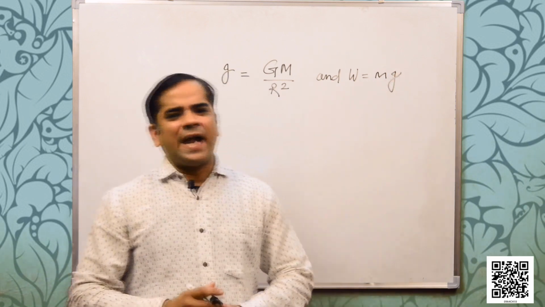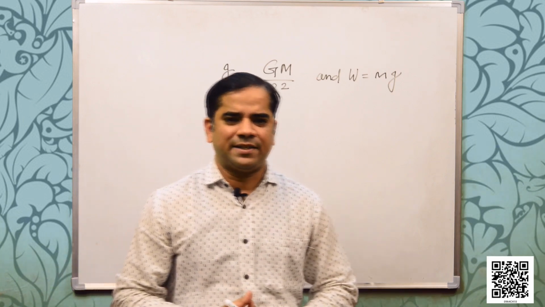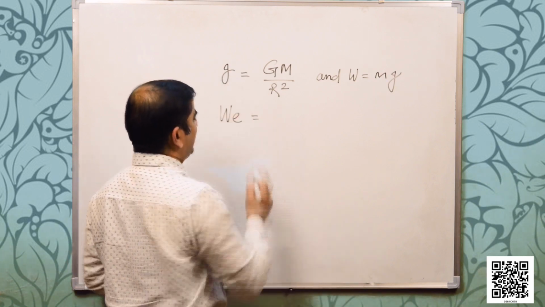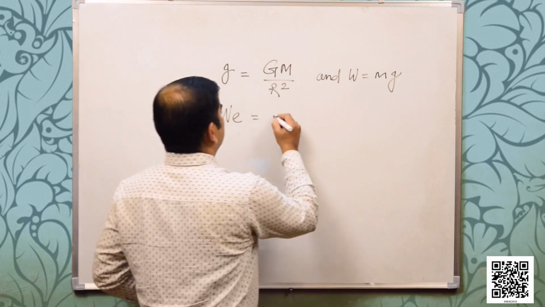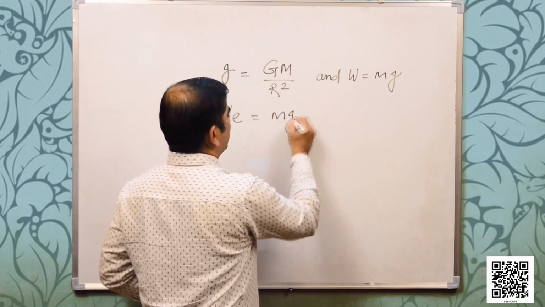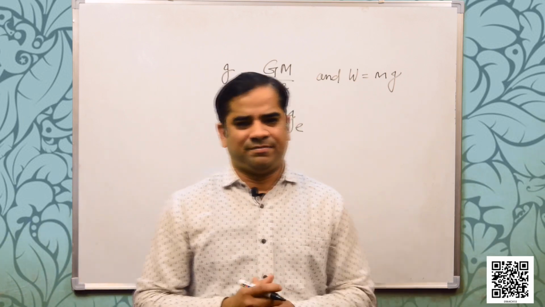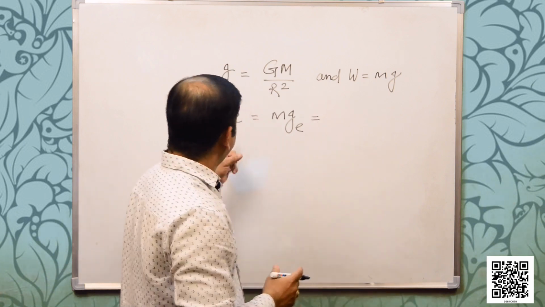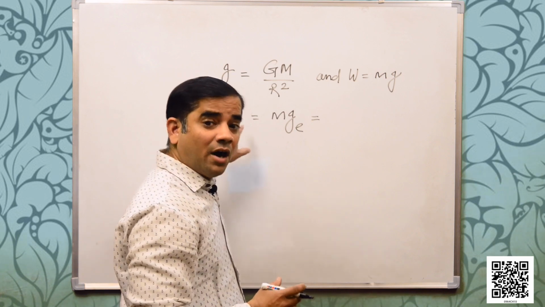So, weight of a body of mass m on earth is We, that is weight on earth. Okay. So, mass into acceleration due to gravity at earth, that is equal to, just concentrate, this is weight of the body on earth.